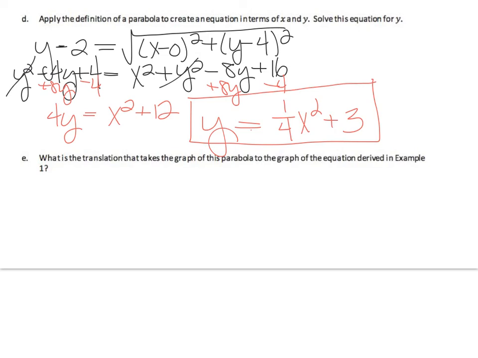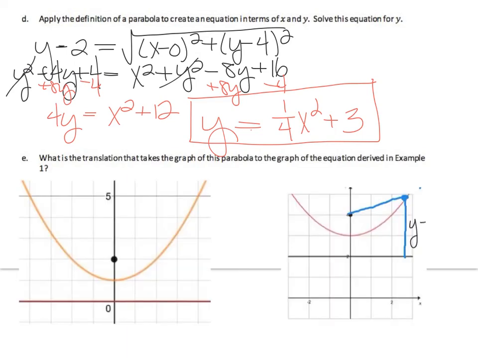What is the translation that takes the graph of this parabola to the graph of the equation derived in example 1? Okay, I just brought both graphs into the slide. That's example 1, and this is our current example, right? If you remember, the directrix was a line at y equals 0.